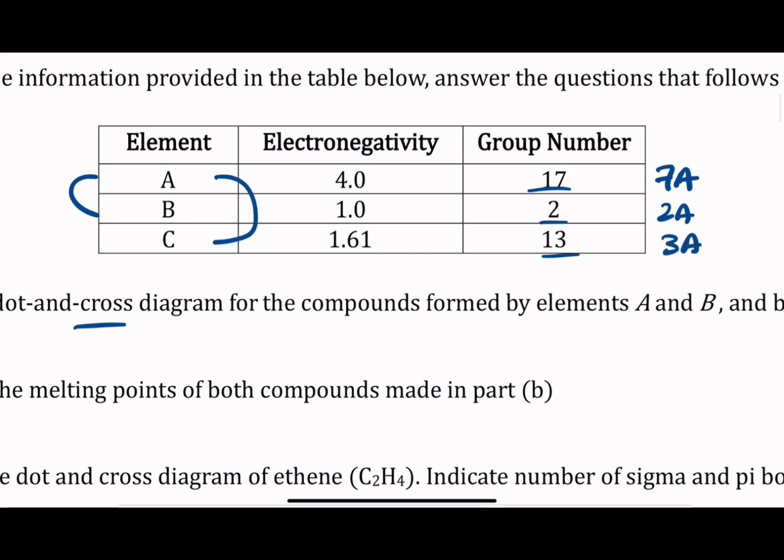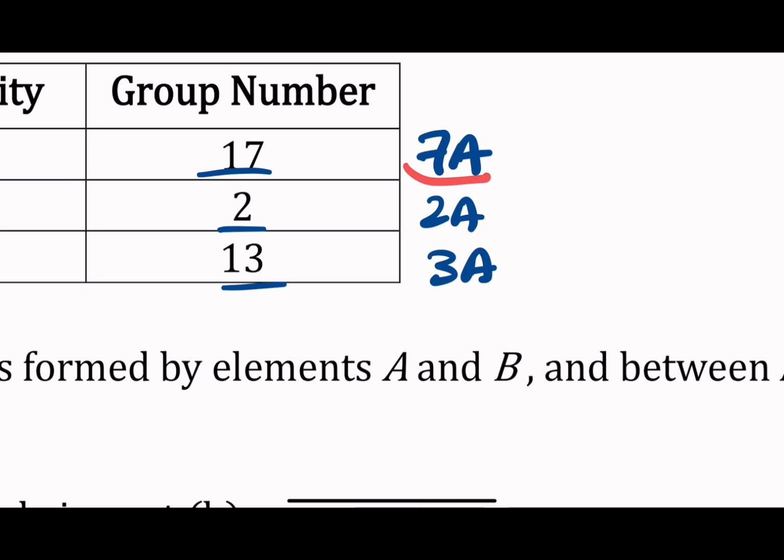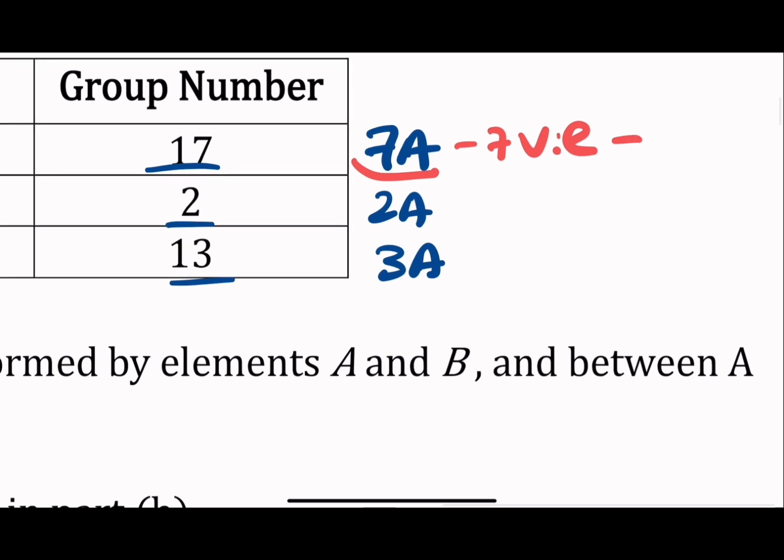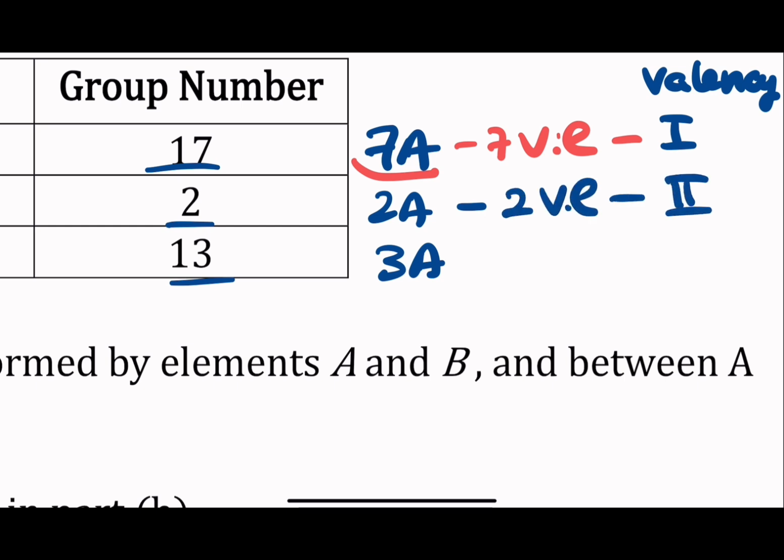Now I'm gonna tell you that the 7A group, because it has 7 valence electrons, in order for it to complete its octet, it needs 1 electron, so that's why the valency is 1. For group 2, we have 2 valence electrons, so it needs to lose those 2 electrons to get the octet, so the valency is 2.